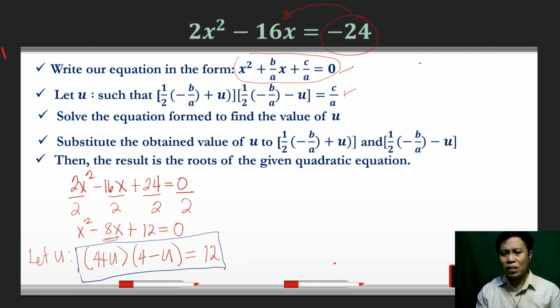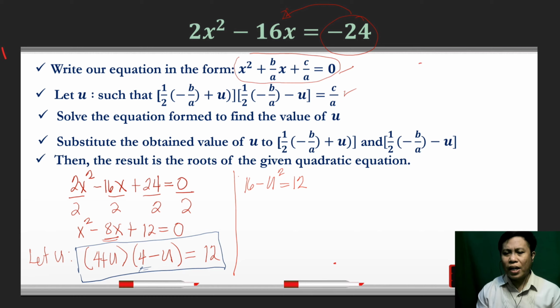But remember, this is the sum and difference of two similar binomial terms. So special product siya. So pwede dito na lang tayo mag-focus doon sa may minus sign. So we square 4, it will become 16 minus the square of u, u squared, then equals 12.